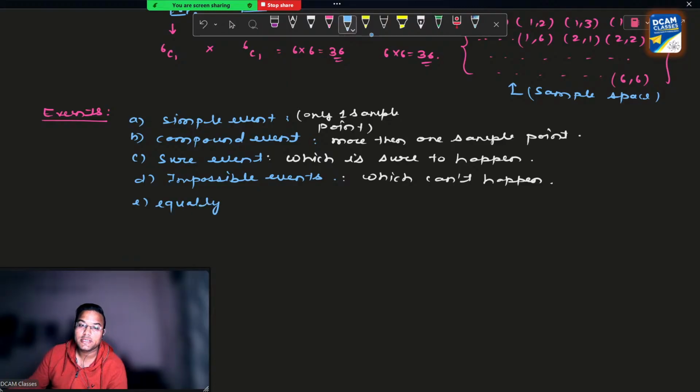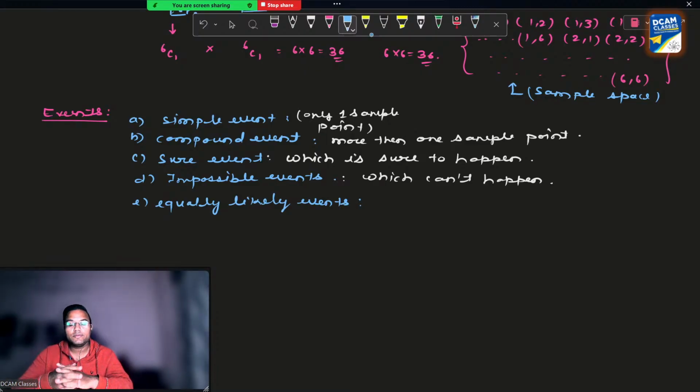Now comes the important things. Equally likely events. See, two events are said to be equally likely when the chances by which one can occur are equal to the chances by which the other can occur.